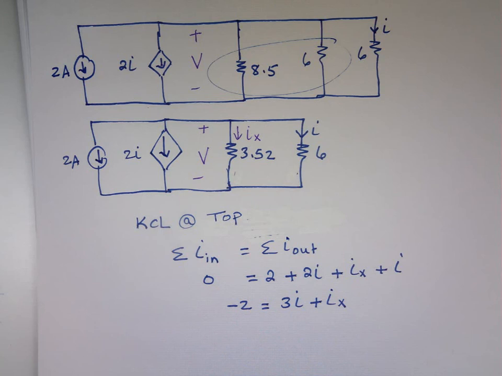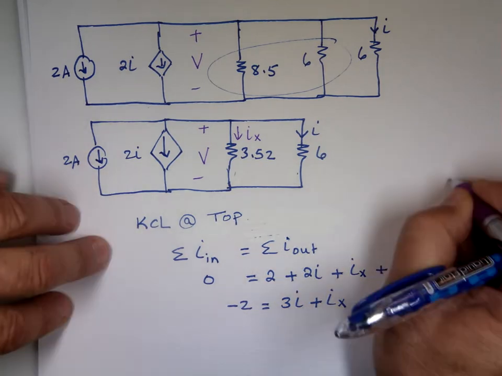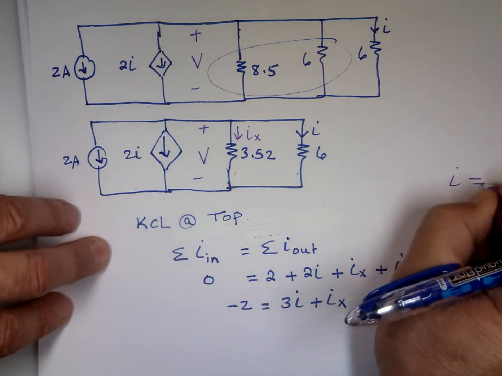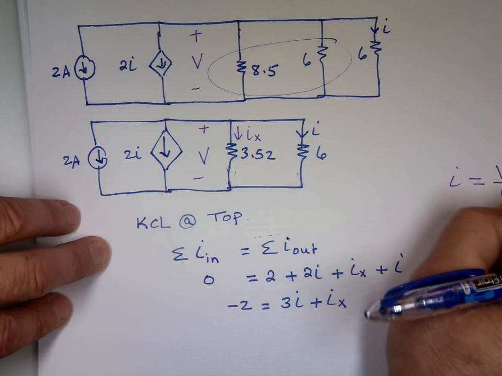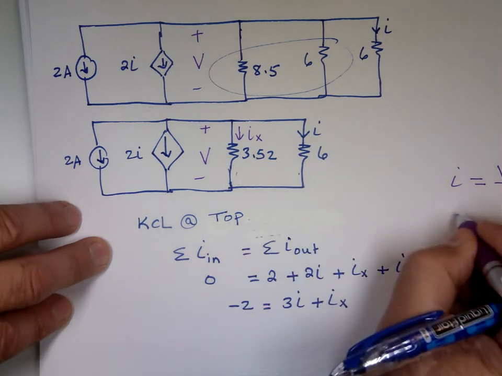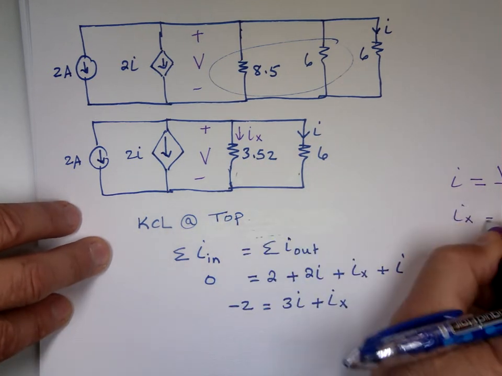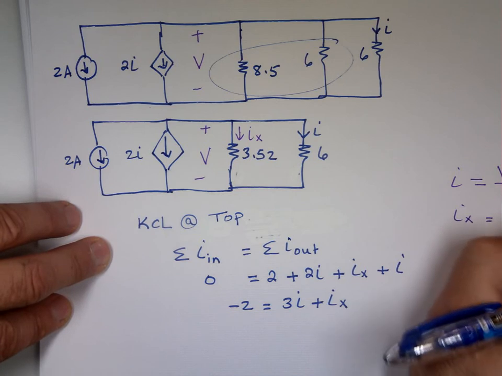And if I can write I sub x and I in terms of V, the problem is done. What is I equal to in terms of V? Isn't it V over 6? And what's I sub x? Isn't it V over 3.52?